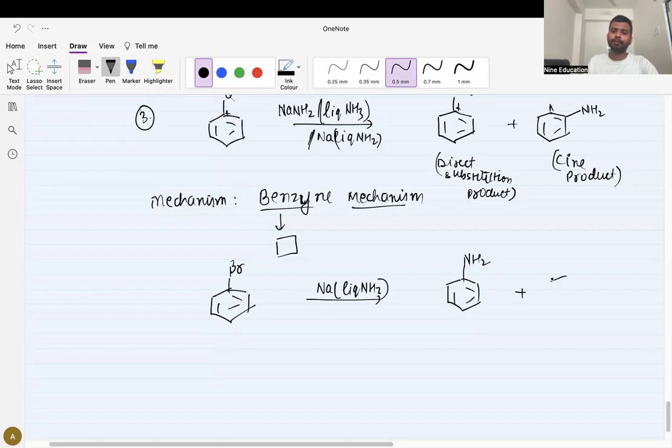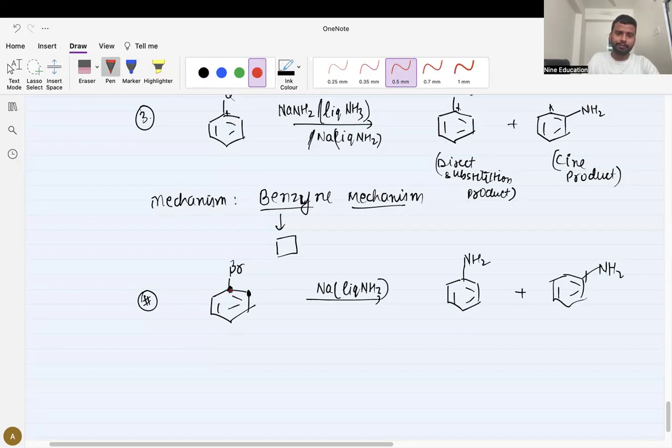Two products, one this one and one this one. These two are totally different. One is attached here and the other is attached here, right? Both products are totally different.